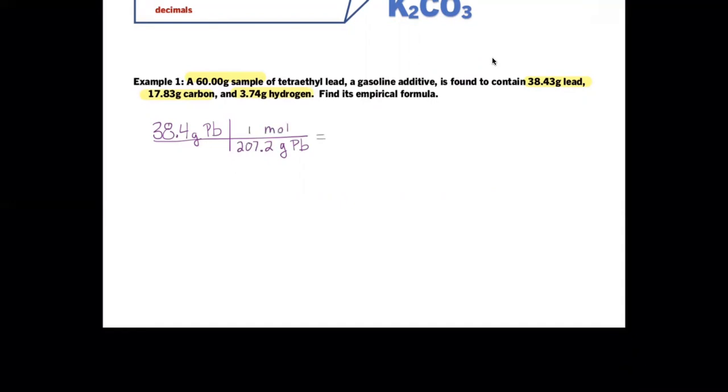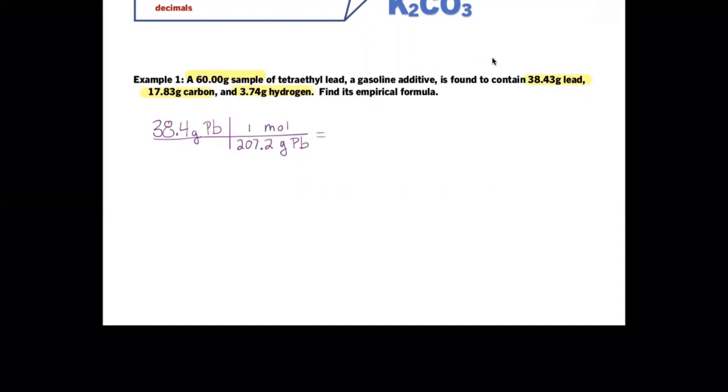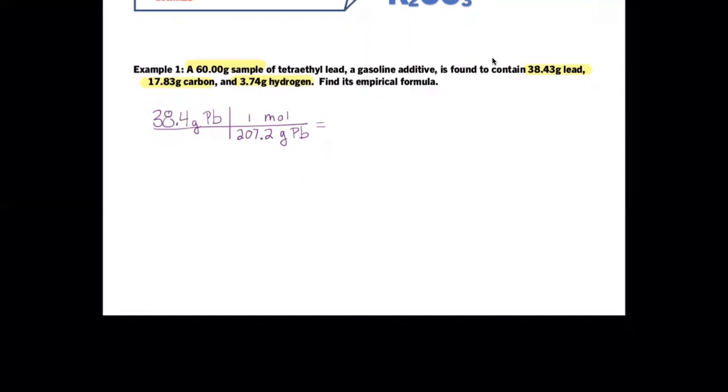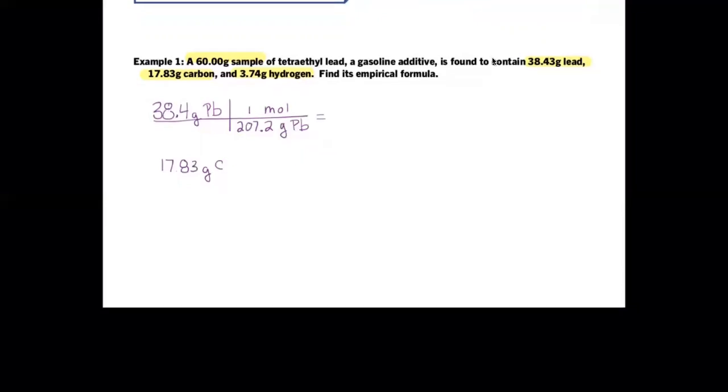Then we will calculate, but I'm going to set up all of mine first, and then we'll go through and do our calculations. So next would be for carbon, that is 17.83 grams. And the molar mass of carbon, according to the periodic table, is going to be 12.01 grams. And this is also going to be 1 mole.